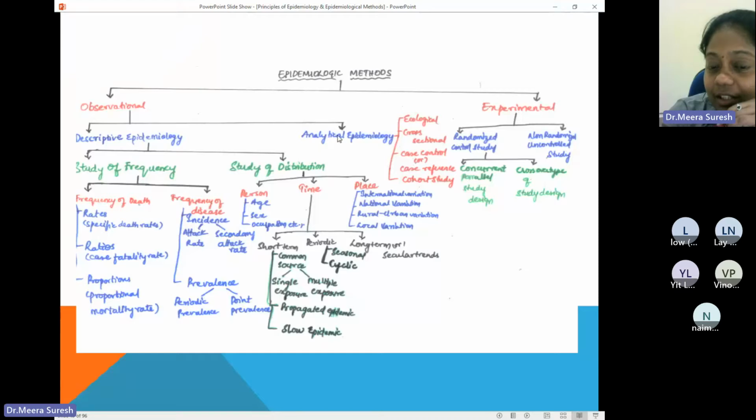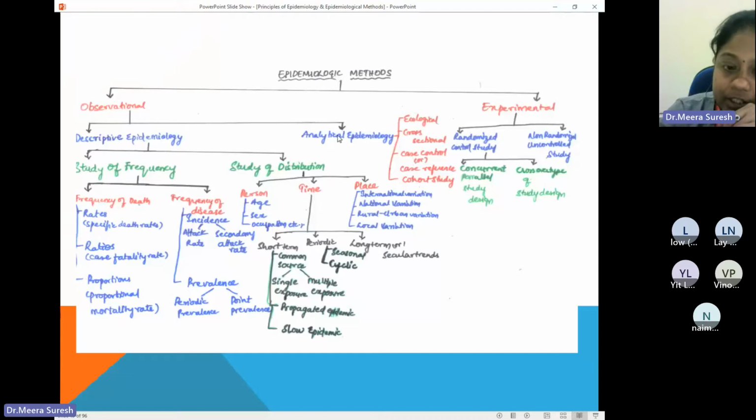Still, the catch is not yet finished. The point is the cross-sectional. Ecological is definitely descriptive epidemiology itself, no change in it. But cross-sectional can be descriptive and also analytical. How that difference comes is whether there is a comparative group or not. The example I told you is going into a single population and studying it; that is the cross-sectional.